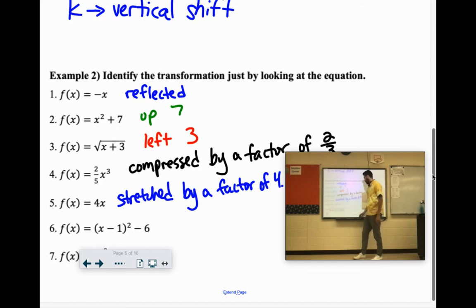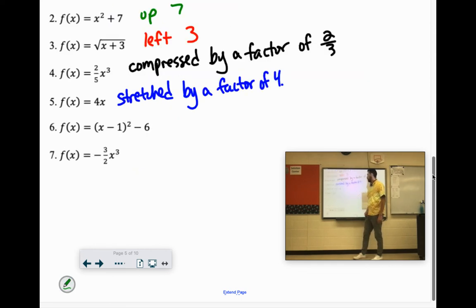What else we got? We got a couple shifts here. I see a -1 in the parentheses, that's right or left, so that would shift right 1. And then I see this -6 outside of the parentheses, that's your vertical shift. So that would go down 6.